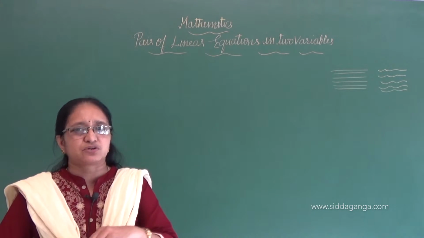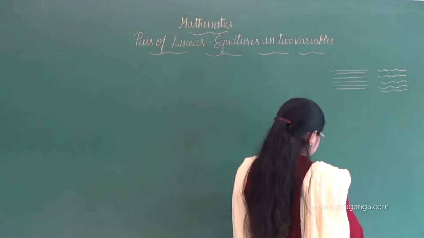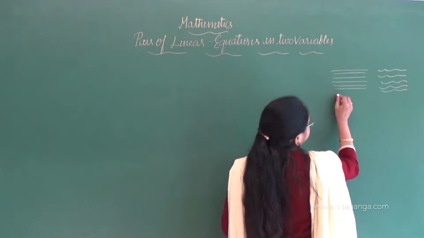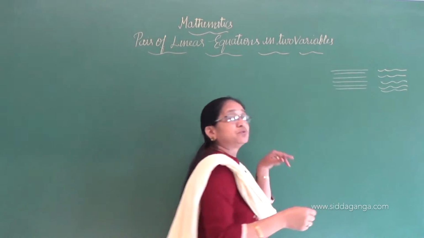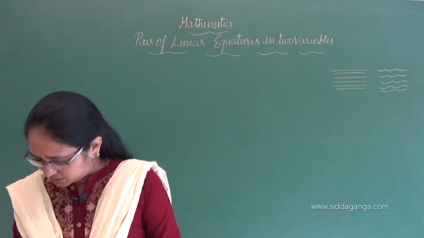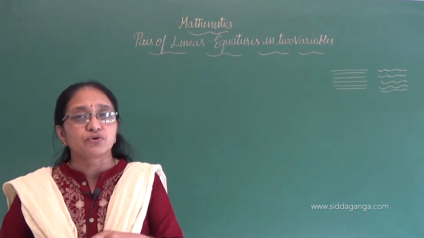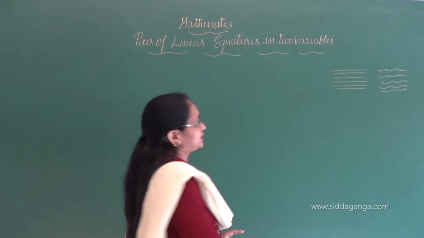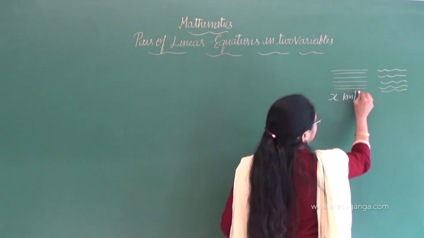So here let us take the speed of the rowing of the boat, that is Ritu's speed of rowing in still water, as x kilometers per hour.